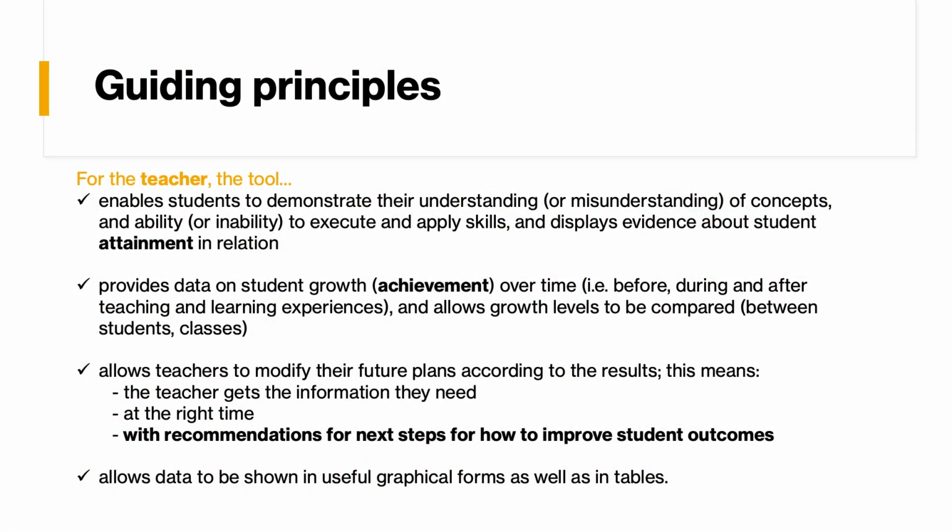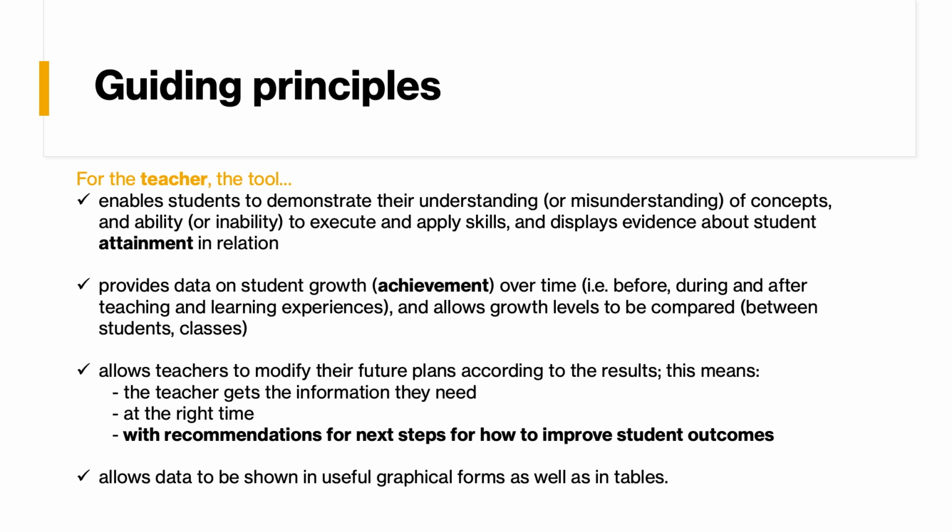So I put a set of principles together right at the beginning of this to help guide us as we went through this. I just realised how much text there is per slide on these, so I won't read every single one, but the gist of it is to provide data that is aimed at evidence relating to both attainment and achievement.